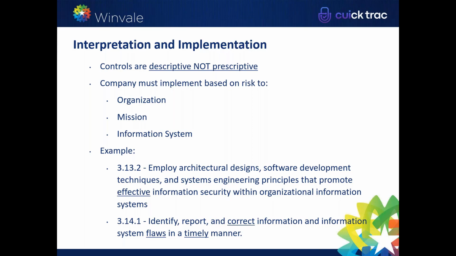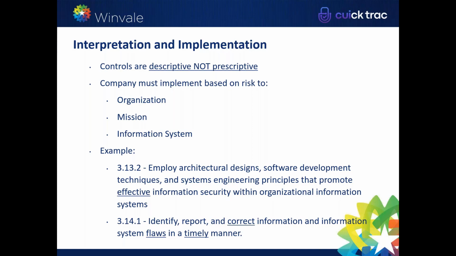But when we start handling CUI or any kind of sensitive data, or our corporate confidential data, that might not be enough, because we don't have enough visibility. So when you look at a control, the first thing you want to do is identify the things that are descriptive, that are open to interpretation. And then we have to ask, how do we determine what is effective?